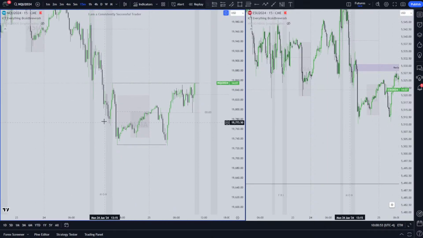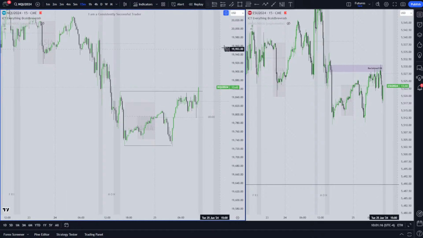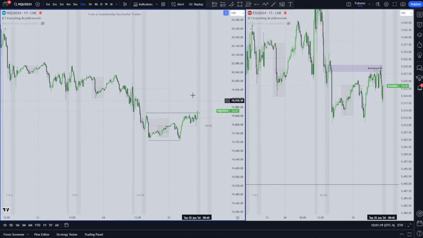Let's compare. Just imagine if we're all wrong.